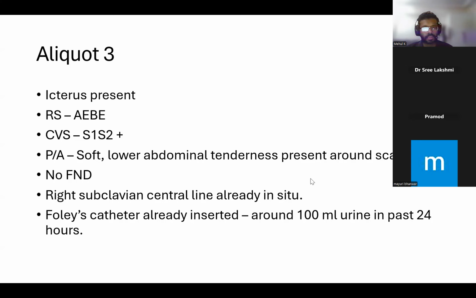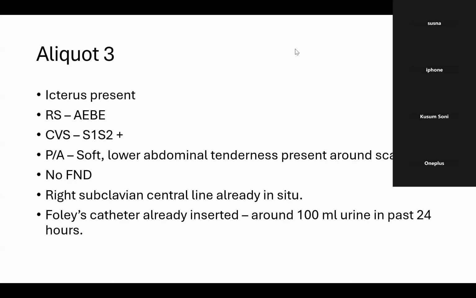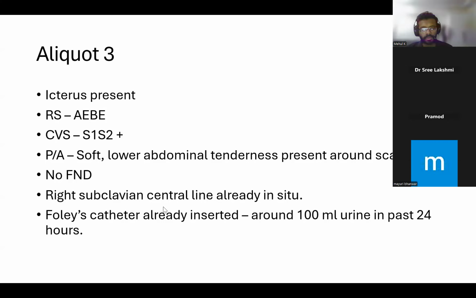So what do you think? Mayuri, what do you want to do? You want to continue using this line, or you want to change the line?